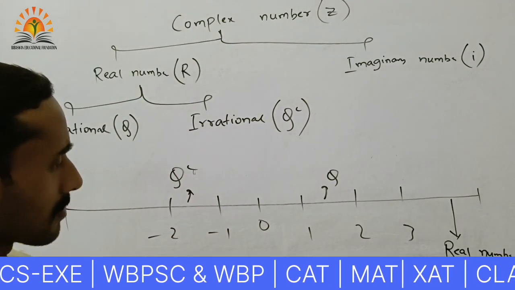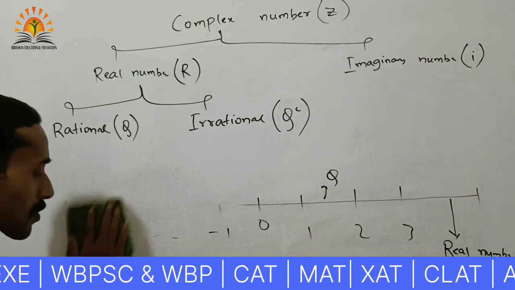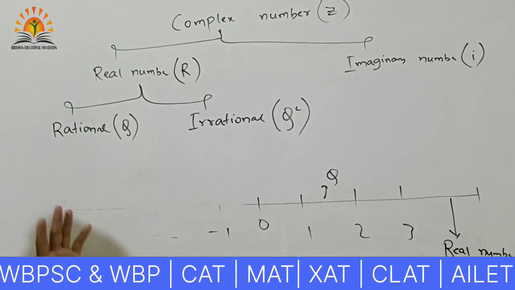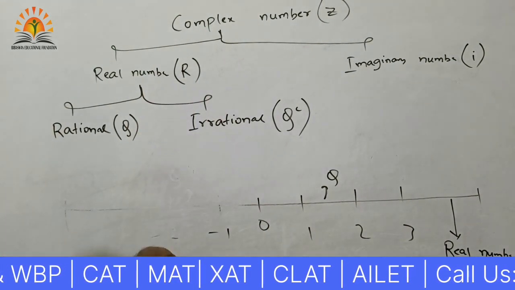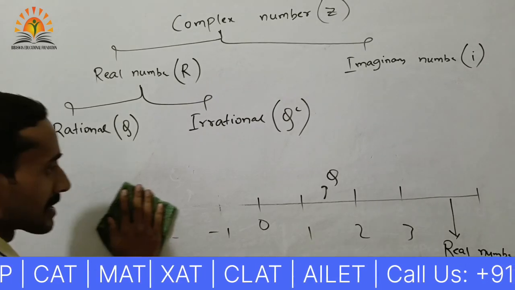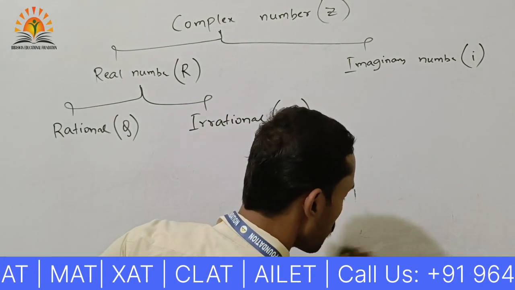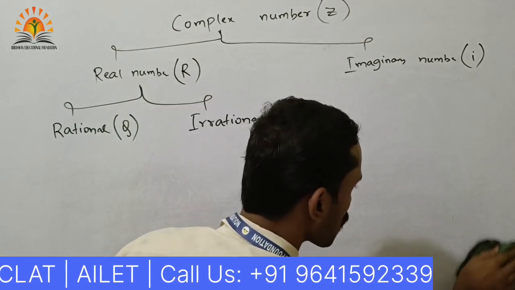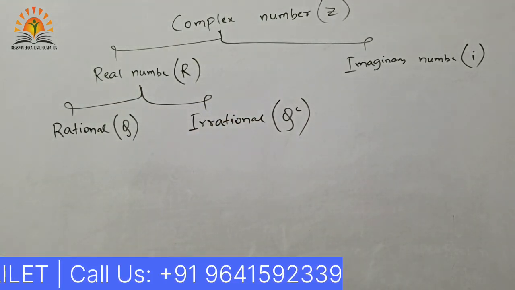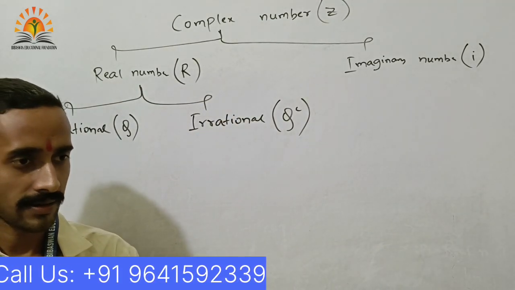So there are some properties, and you should write them down. When I write a property of this number, you should write it down. There are very big properties of numbers, and you should know about them, because they are asked in questions.